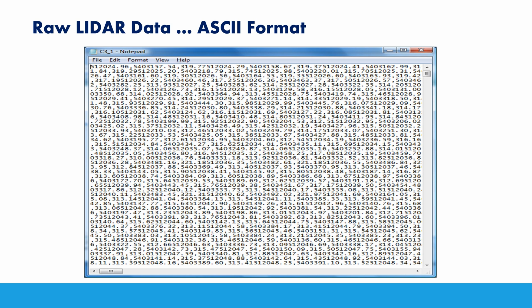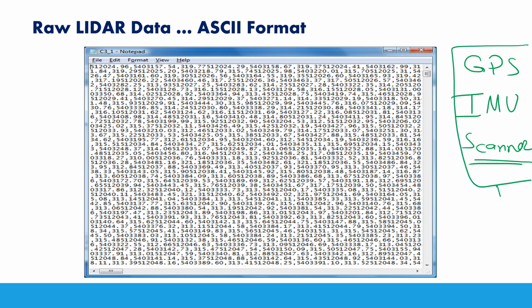Now, after collecting all the data from the GPS, from the inertia measurement unit, from the laser scanner, we can finally generate the raw LIDAR data. So usually raw LIDAR data, guys, will have an ASCII format for the generated file that contains all the information about the scanned area.